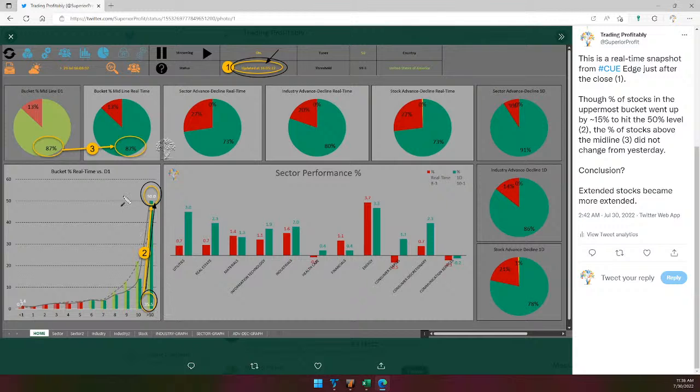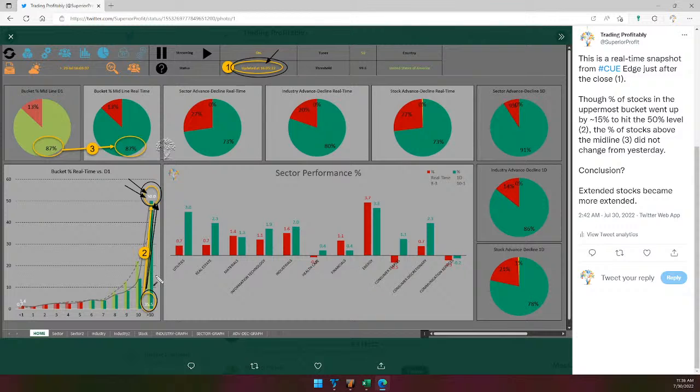As I mentioned in the master classes, from bucket analysis we can assess an overextended condition in two ways. One is when the percentage of stocks in the upper extreme bucket goes to the 30-40% level, and it was far above that on Friday at 50%. Another way is when the uppermost bucket jumps by 10% or more, and it jumped by 15% on Friday.